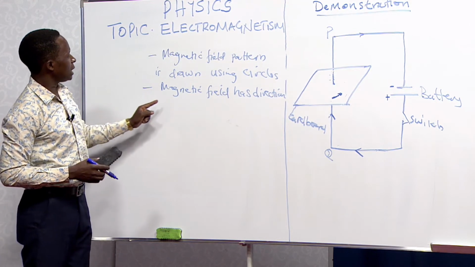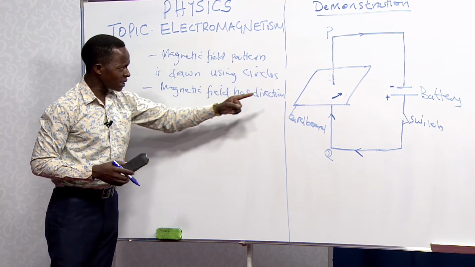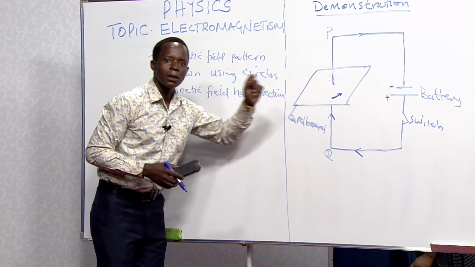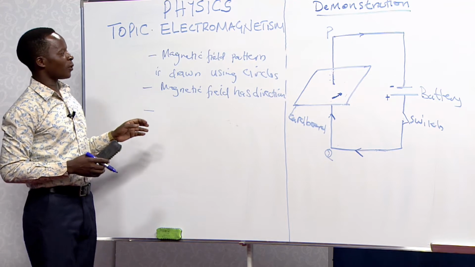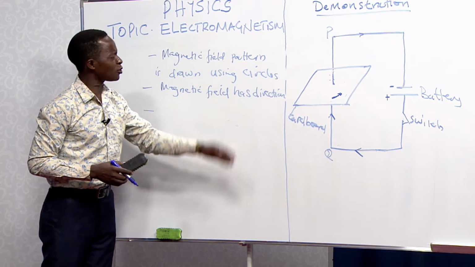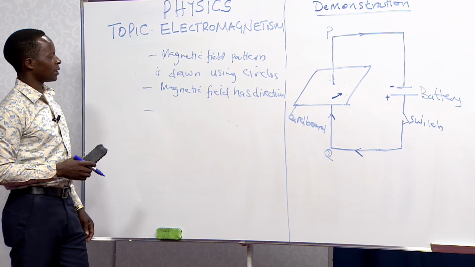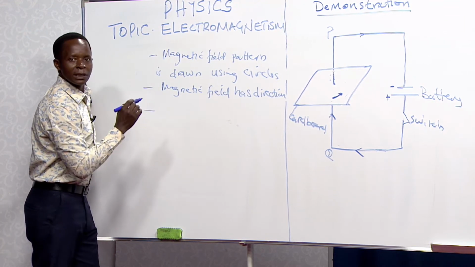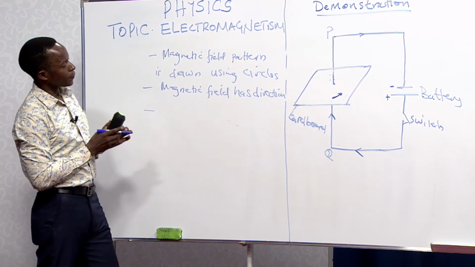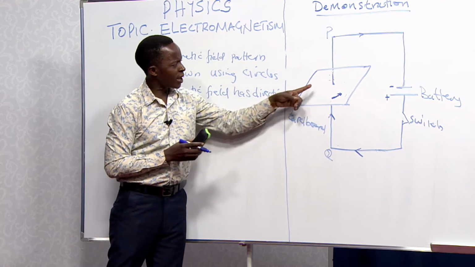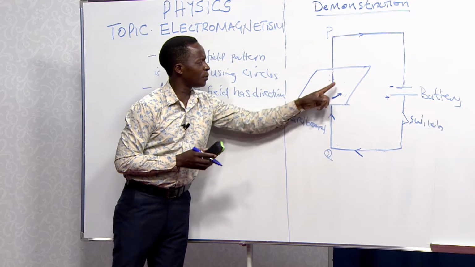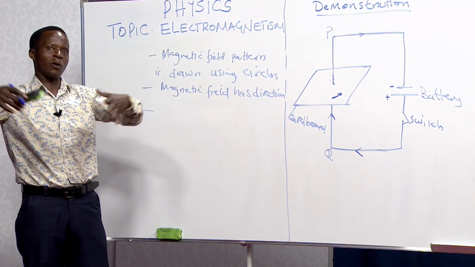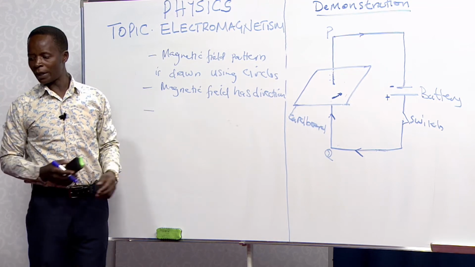Therefore, since this is a field and there is a force in the field, it means that we can investigate how strong is that force. And it is observed that actually the strength of the field produced around this wire reduces as you go far away from the wire.